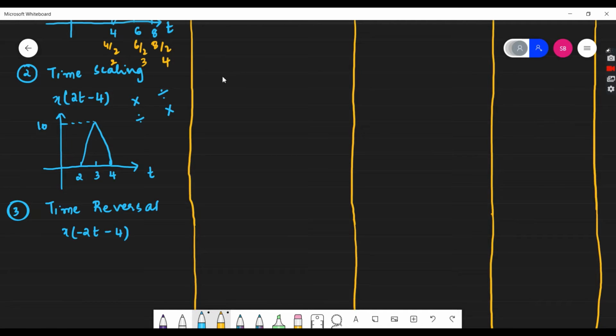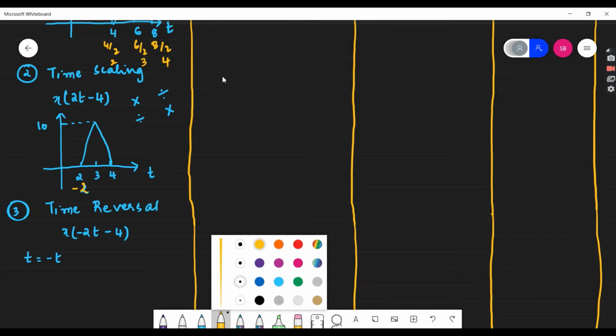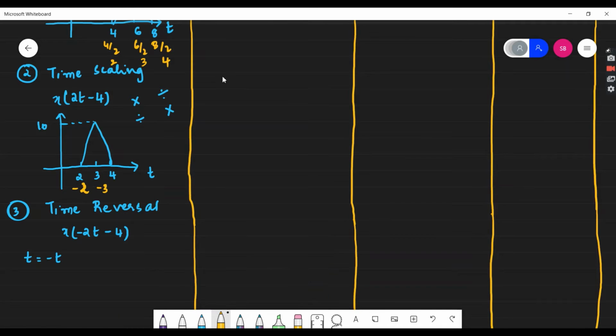It is the same signal, but here I am having minus 2t, which means I have to take the mirror image of this, or substitute t equal to minus t. So 2 will become minus 2, 3 will become minus 3, 4 will become minus 4.